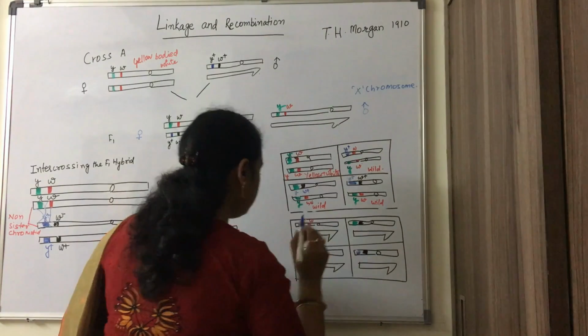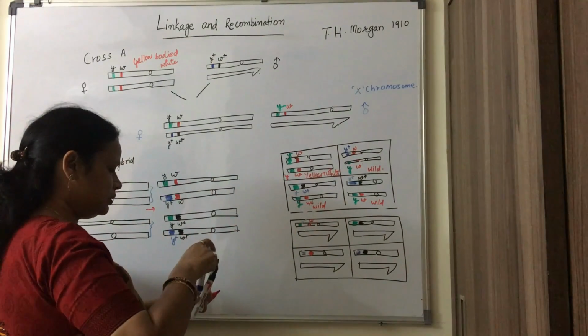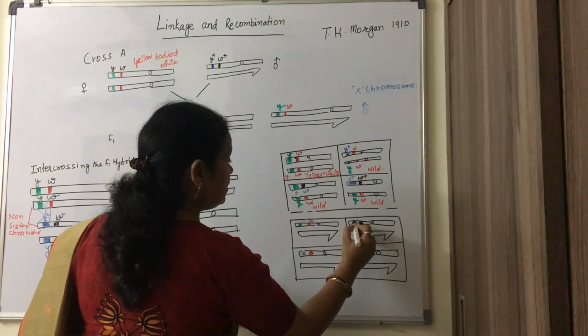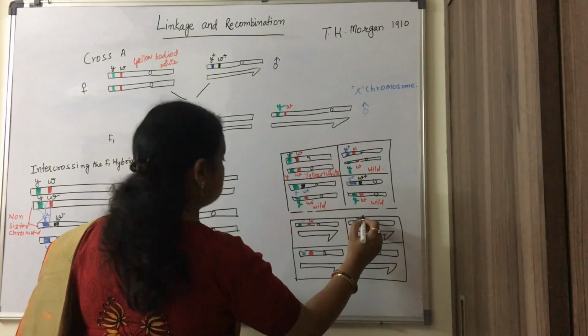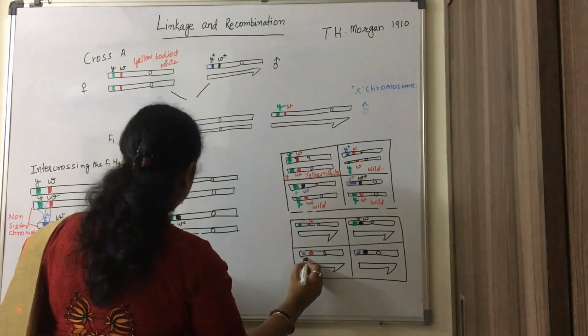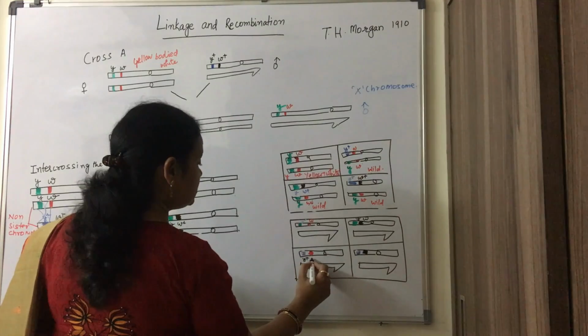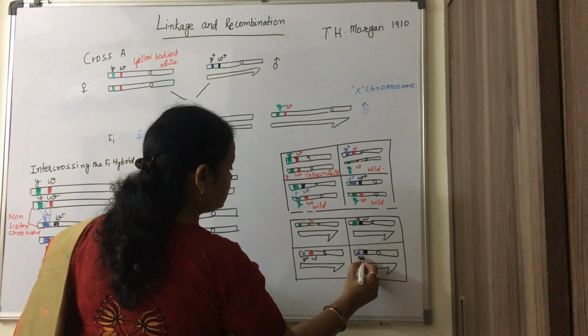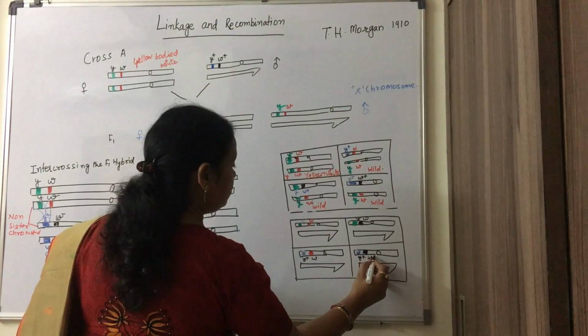So from the gene point of view, green means Y, W means this black, this is blue, this is Y plus, and red is W, this is W, Y plus, this is W plus.